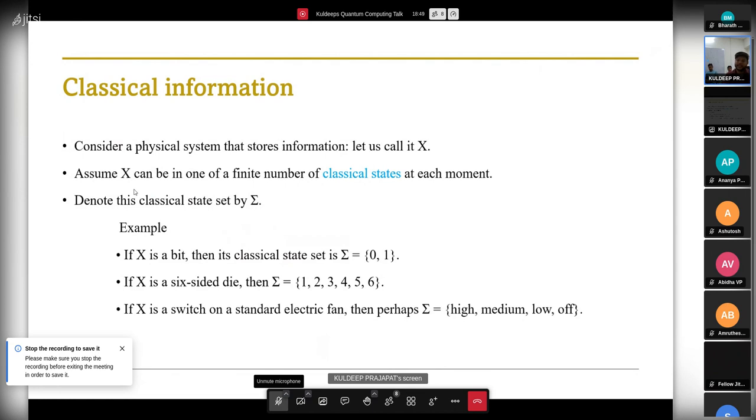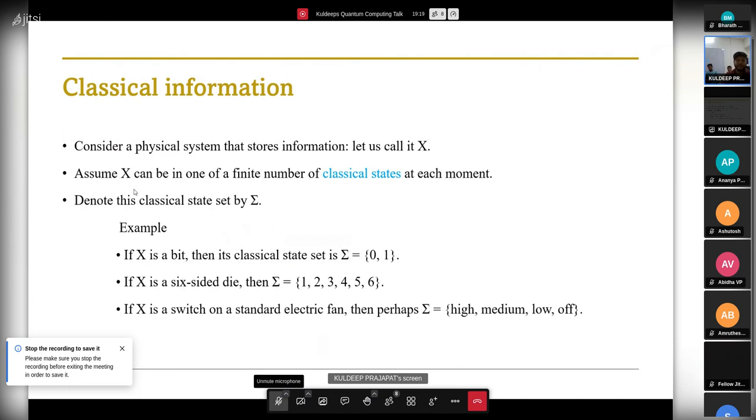So what is a classical state? A classical state describes the moment without uncertainty and error. If you see a die, you can tell the number on the die, or if you see a coin, you can say the left or right side of the coin.